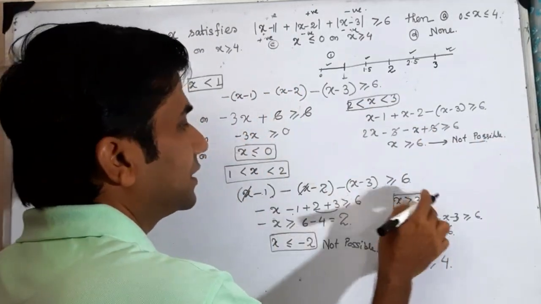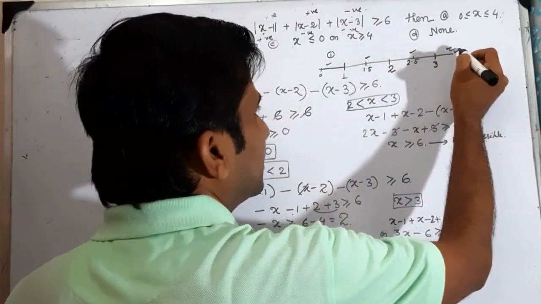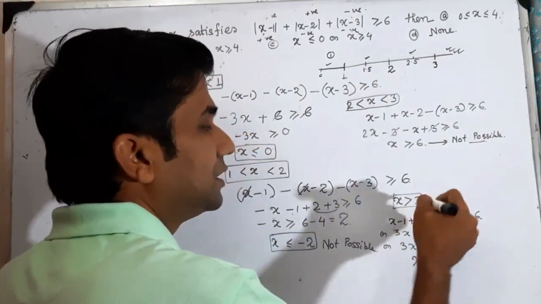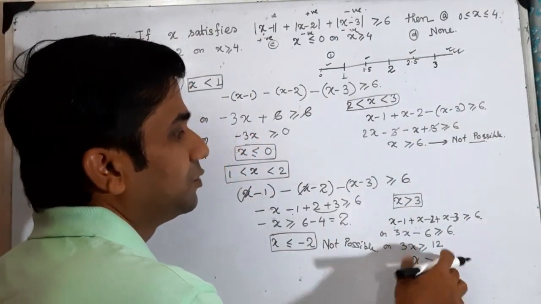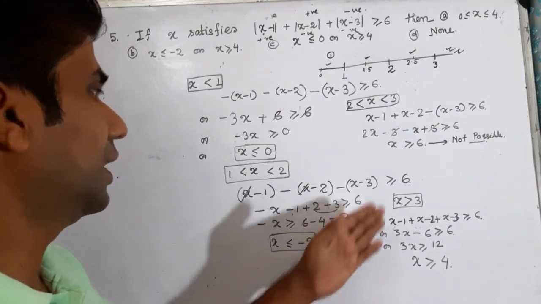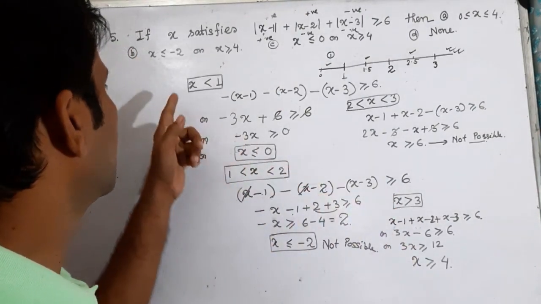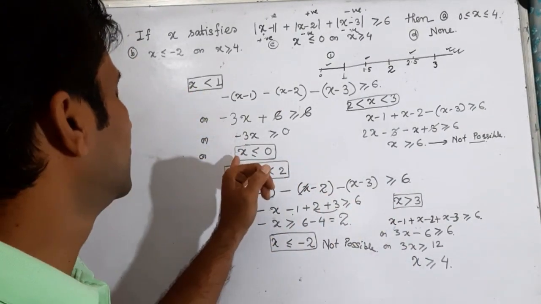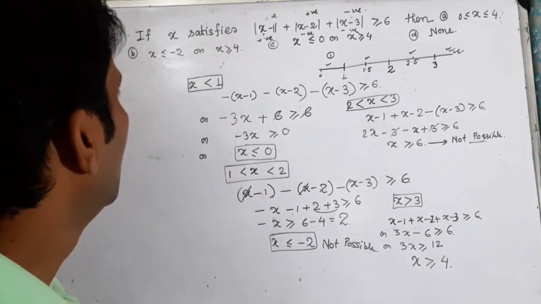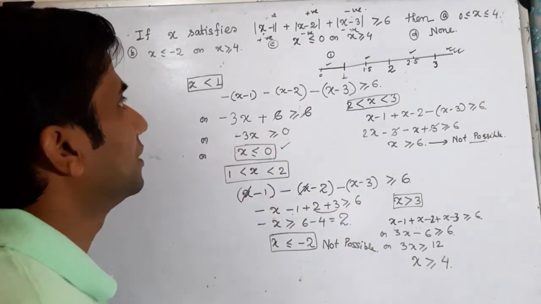And if x is greater than 3, that means 3 to infinity, then it lies in x greater or equal to 4. So here is a possibility. Also if x is less than 1, this gives x less or equal to 0. Here is a possibility.